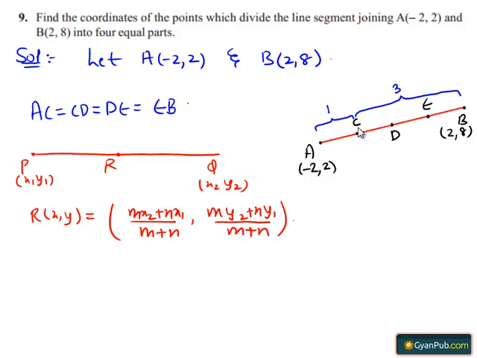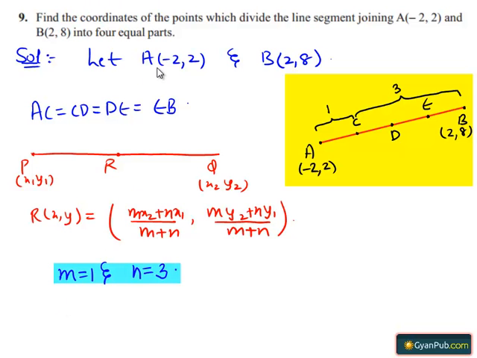Here the point C divides AB in the ratio 1:3 internally. So the m value here is 1 and the n value is 3. We represent the point A as (x1, y1) and the point B as (x2, y2).